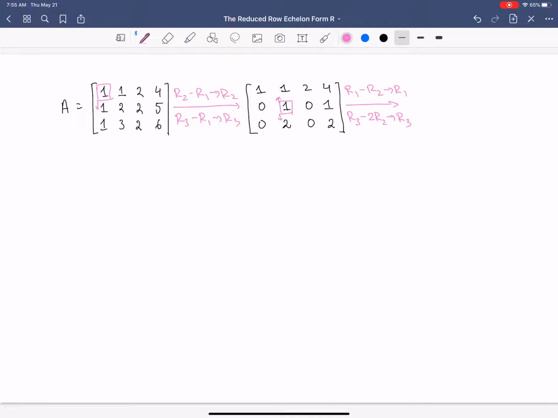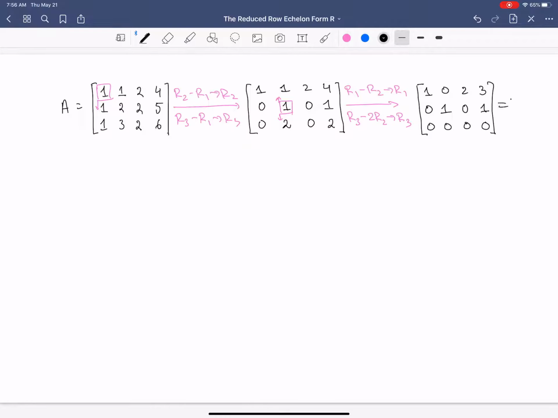And this is allowed because we are carrying out elimination in the first row using the second, and in the third using the second. But the point is that the second row stays the same, so these operations are independent of each other. The result will be 1, 0, 2, 3, 0, 1, 0, 1, and then 0, 0, 0, 0.